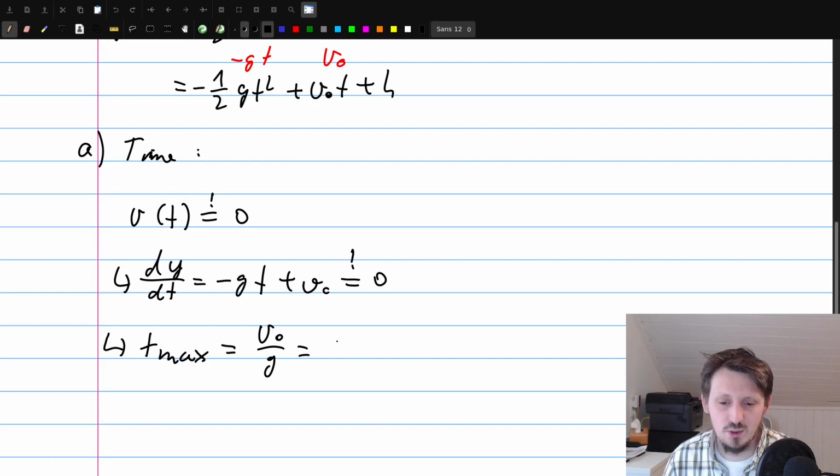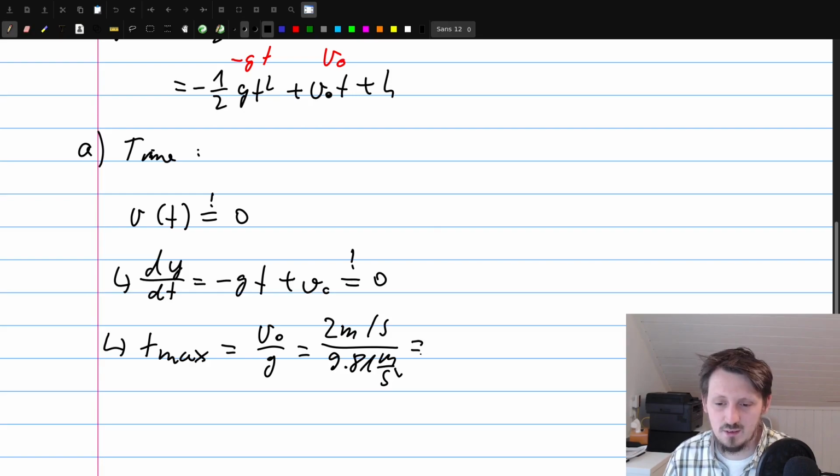And then we can insert our values here. We can say v0 was given as 2 meter per second and g was given as 9.81 meter per second squared. And you can also see from the unit at the end, second remains, so everything is perfectly fine.